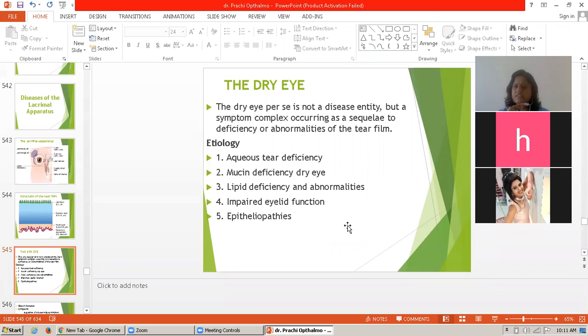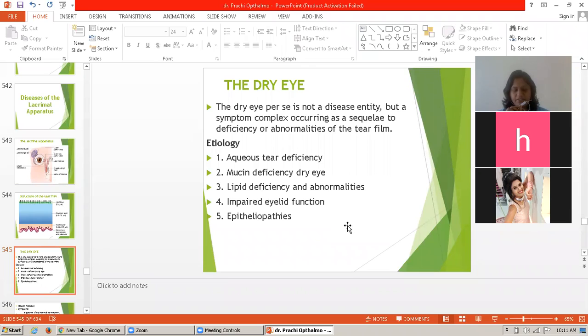So, the abnormalities of the lacrimal gland are excessive tear secretion, second is deficient tear formation, and third one is a characteristic swelling with an S-shaped upper lid. And second is a defect in the lacrimal drainage system.